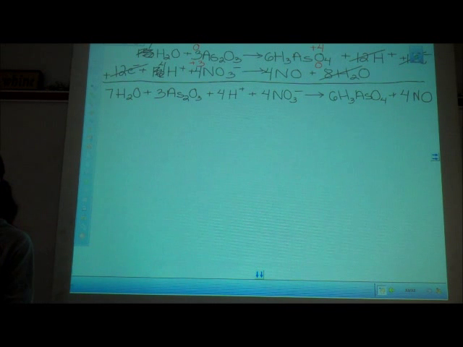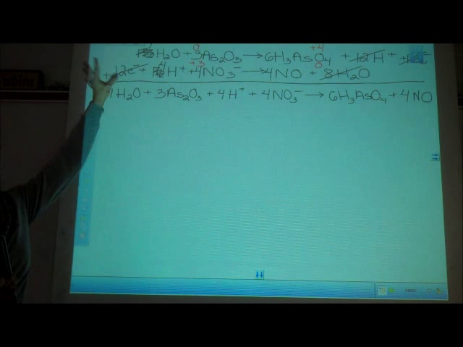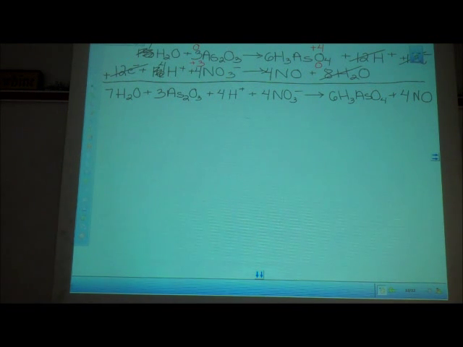If the instructions had said to balance this question, number 2, in basic conditions or a basic solution, that doesn't change anything that I have done here. I would have gone through this exact same process and got down to this step.